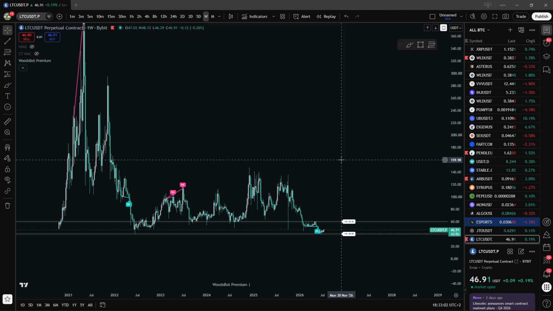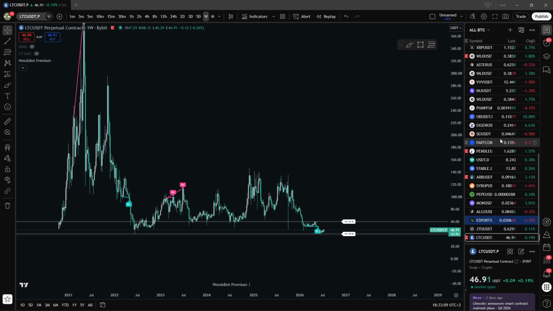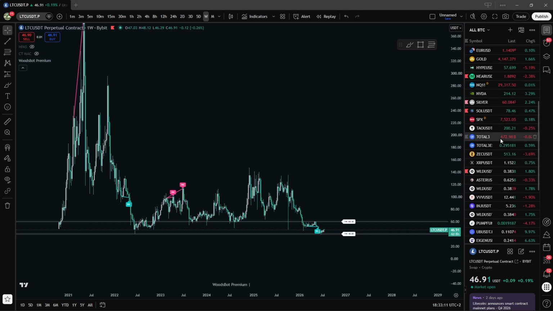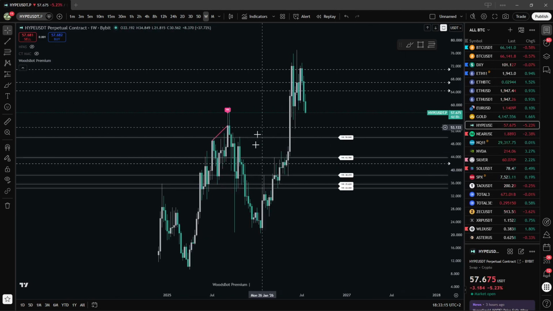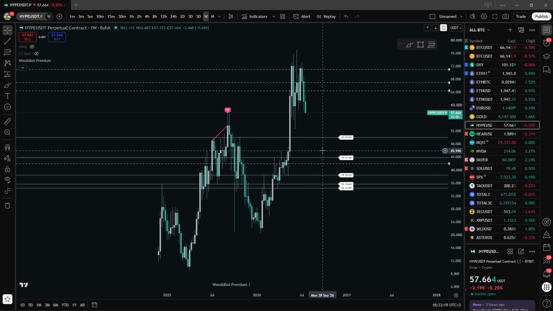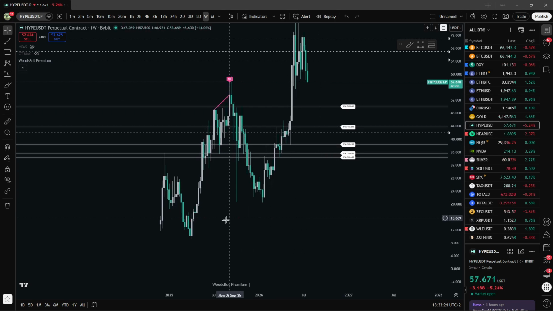I would put my money into things that are actually moving and not move like a snail. For example, I would rather put my money into a pullback on Hype, around 43, because this is actually trending up.